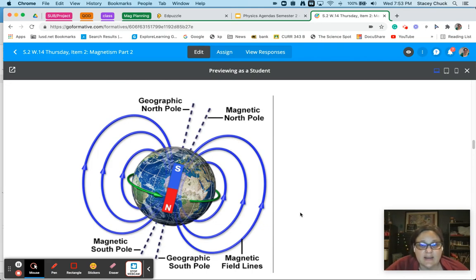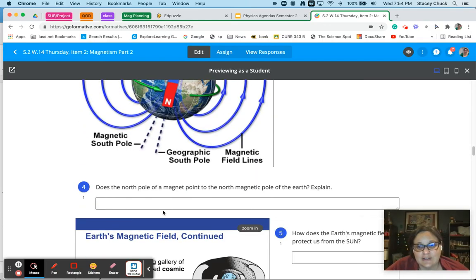However, if we're talking about the magnetic North Pole, meaning the pole that is in the north, not necessarily the north side of the magnet, then you can actually answer that either way. But just as long as you explain that opposites attract, and that a north pole of a magnet should attract to the south pole of another magnet, and therefore that's what the Earth would do as well.